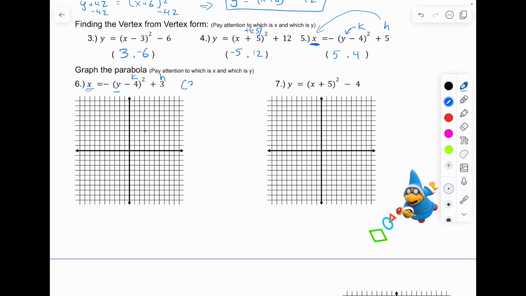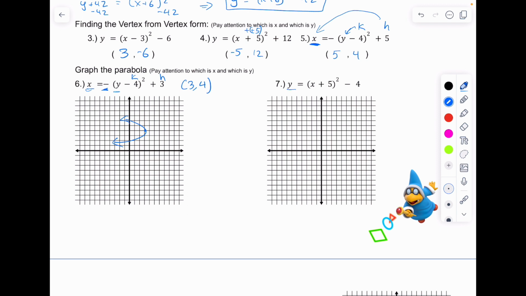Our coordinates are 3 and 4. Because we have a leading coefficient of a negative, we're going to be opening to the left. Left is like the sad face. Right is happy face. I have no better way of memorizing that one.